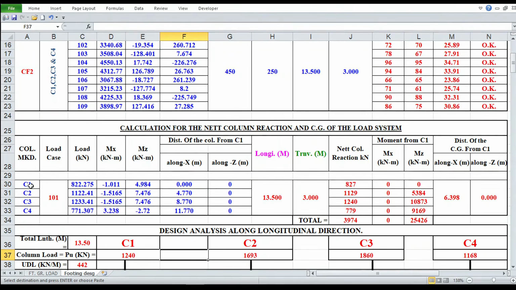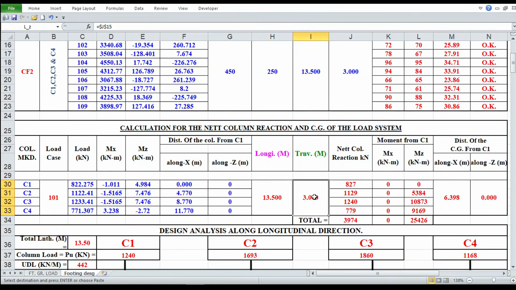Distance of column C2 from C1 is equal to 4.77 meter. Distance of column C3 from C1 is 8.770. Distance of column C4 from C1 is equal to 11.770. Along Z direction it is 0. Length is equal to 13.5.